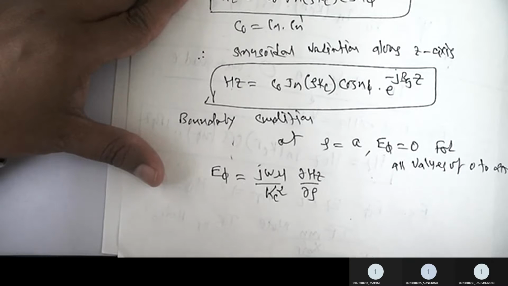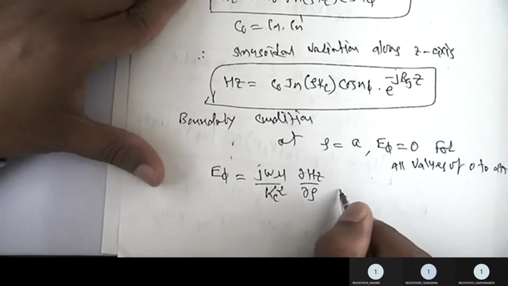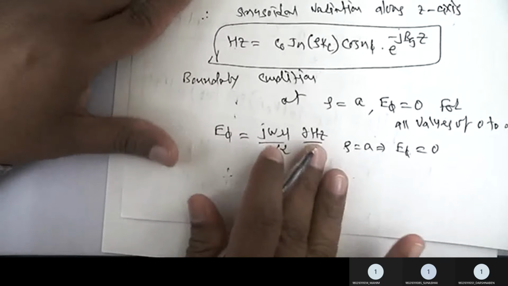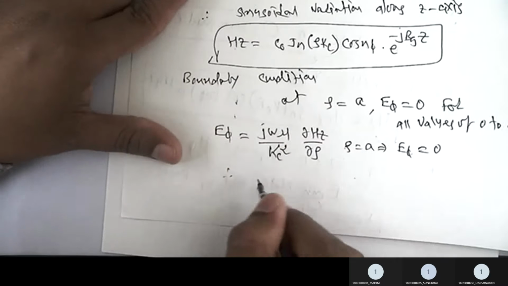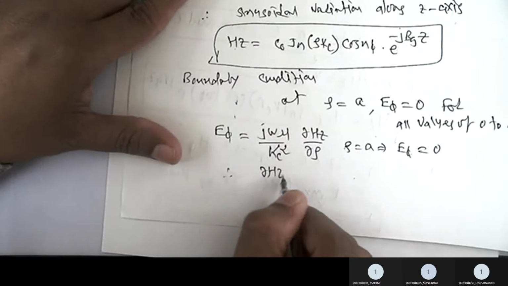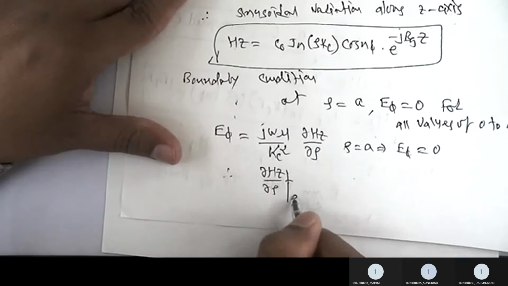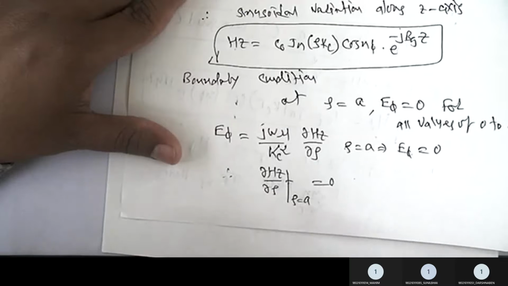Here you can see that for this condition where ρ equal to a, I have E_φ equal to 0, then this will become del H_z by del ρ, and that will be equal to 0 at ρ equal to a.